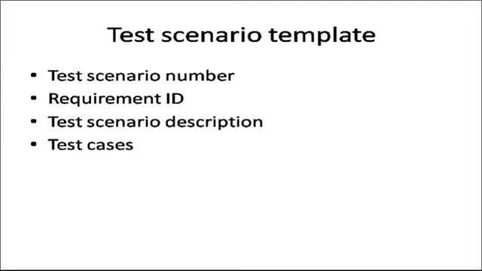The next field is test scenario description. Here you write the description of the particular application for which you are writing the test scenario. And the last column is test cases, where you write the test scenarios that you have identified.